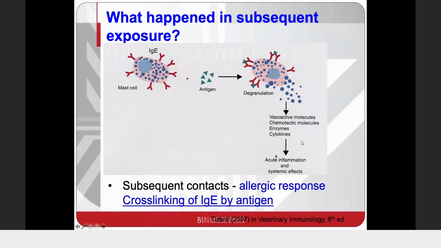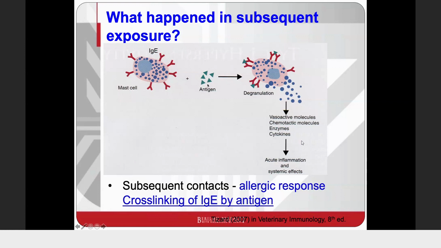And then during my subsequent years there, this is what happened. The IgE is already on the cell surface of the mast cells, and basophils also have these features, where IgE is on the cell surface because of the sensitization occurring during the first time.